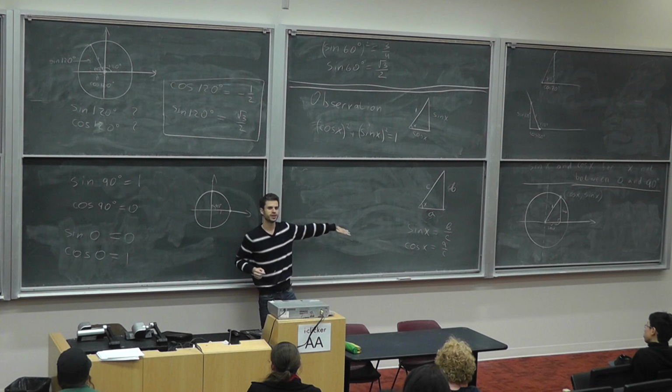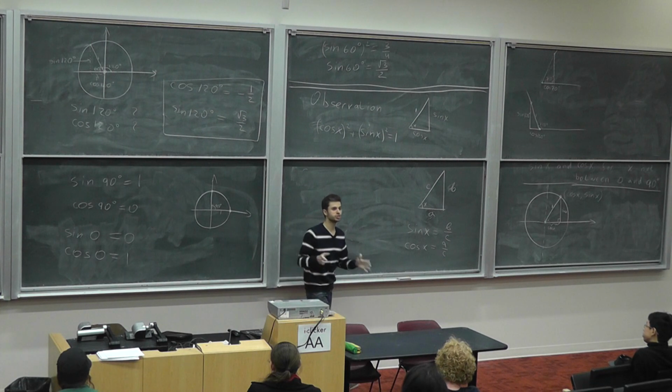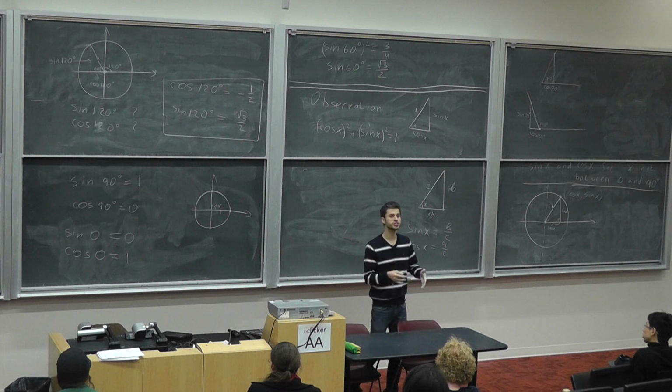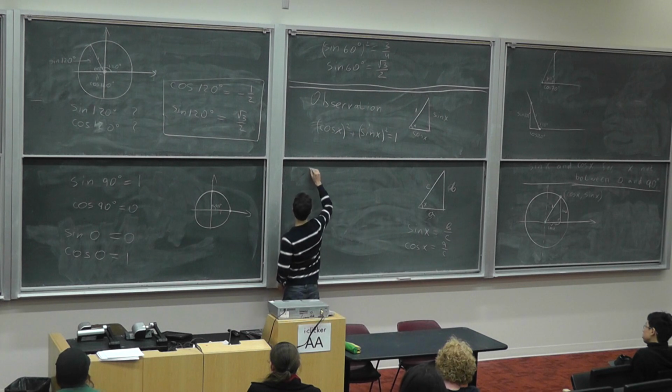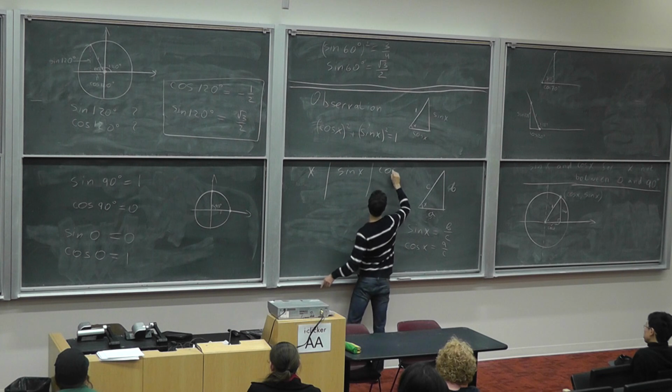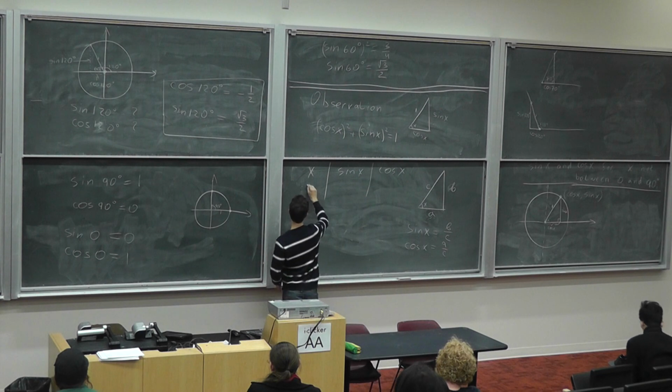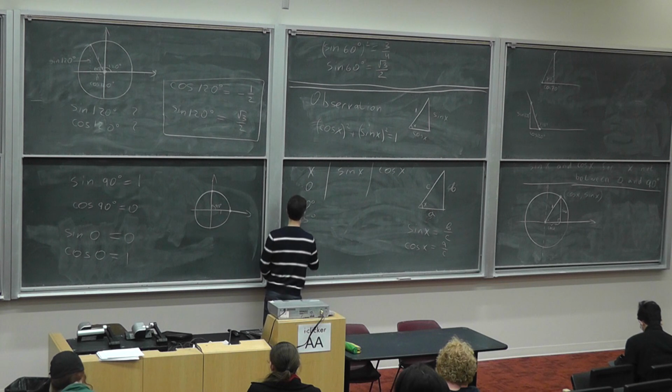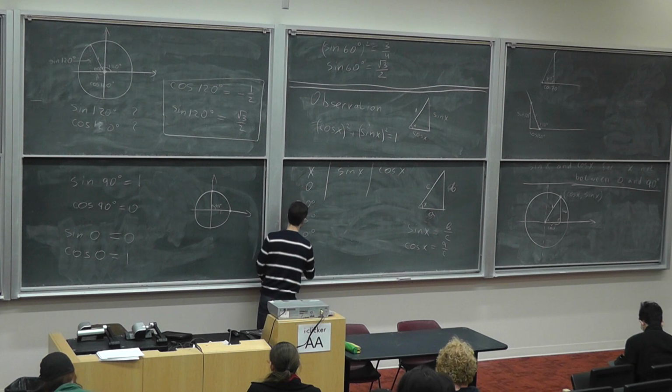That's geometry. Another thing, we actually do know values of sine and cosines for some angles. So let me say x, sine x, and cosine x. What angles? 0, 30 degrees, 45 degrees, 60 degrees, 90 degrees.